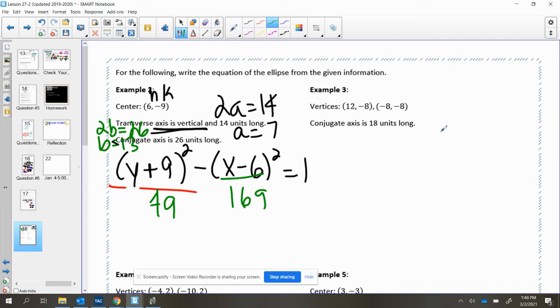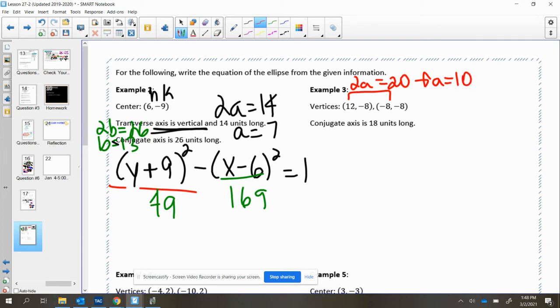The next one is very similar to the last problem, actually. The vertices are actually, again, the length of our transverse axis. And notice to go from 12 to -8, we moved a total of 20 units, right? Which means that our A parameter is going to be 10.